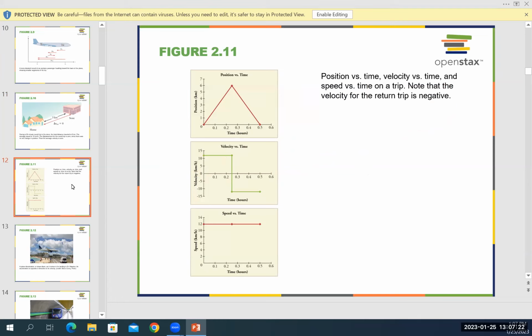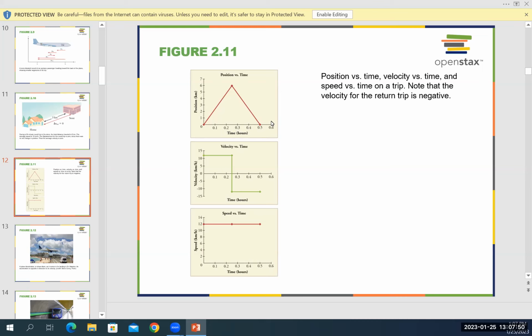So you'll see that in this first graph here, I've got position versus time. Notice that I have position in kilometers on the vertical axis and time in seconds. Looks like each division is 1/10 of a second on the horizontal axis. Remember, we can pick our axes to be whatever we want them to be.